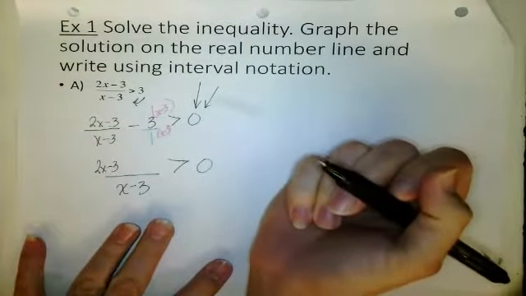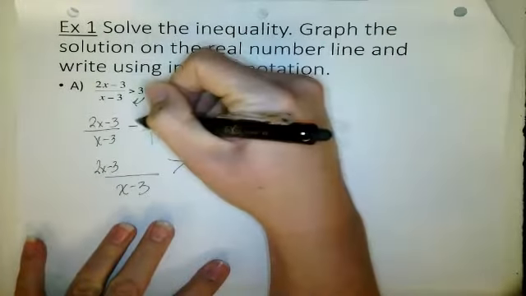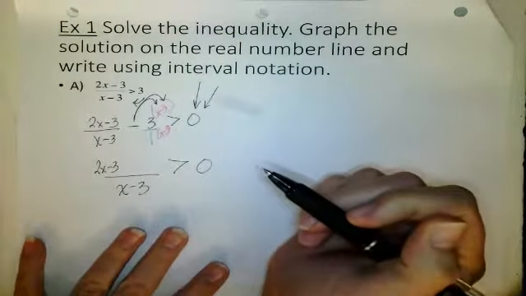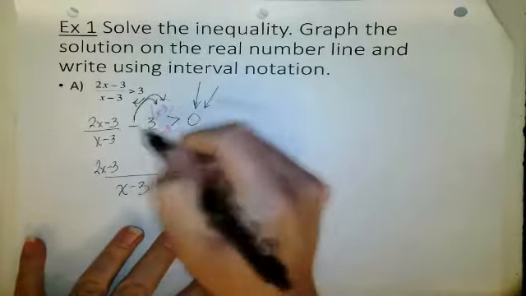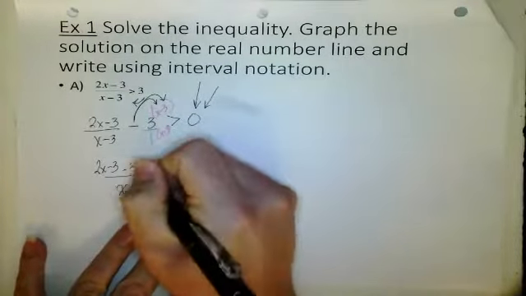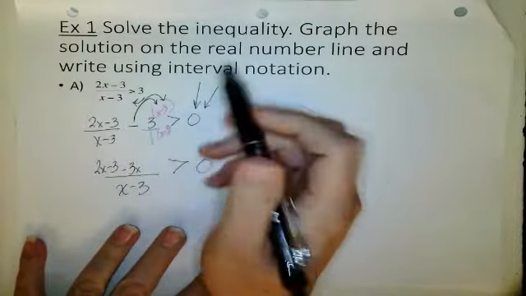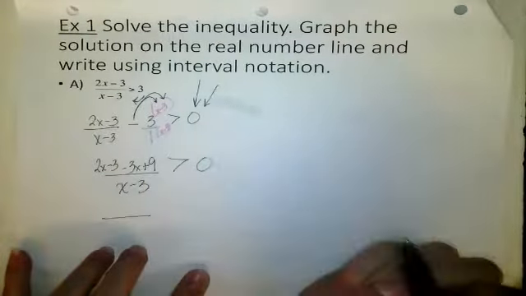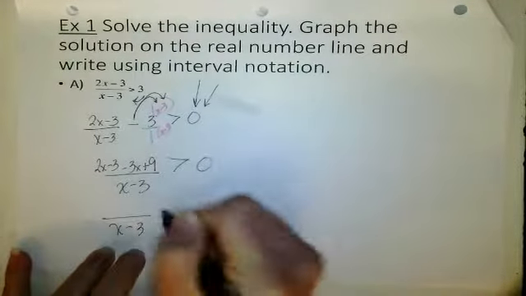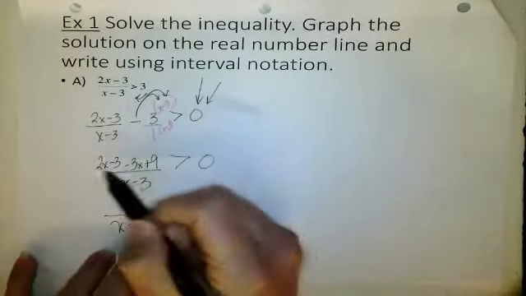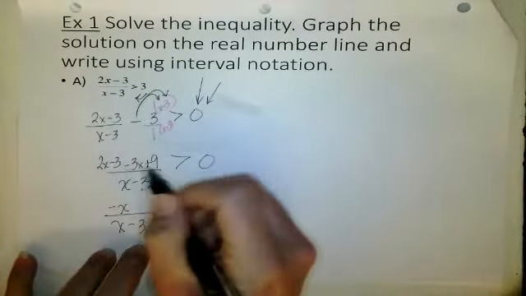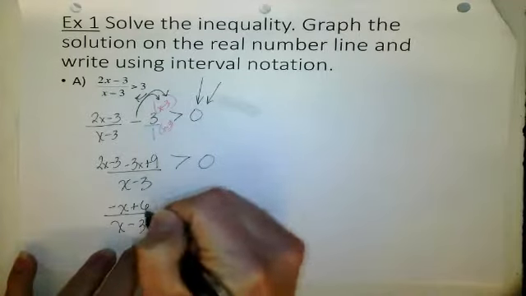What do I need to distribute? Negative 3. Mind your negative. Distribute the whole negative there. So negative 3 times x is negative 3x, and negative 3 times negative 3 is positive 9. So when I combine like terms, 2x minus 3x is negative x, and negative 3 plus 9 is 6.